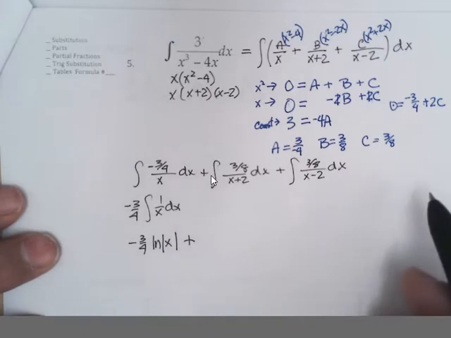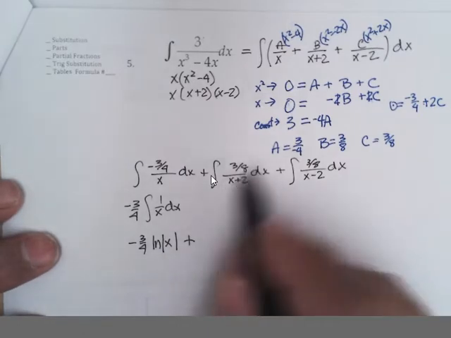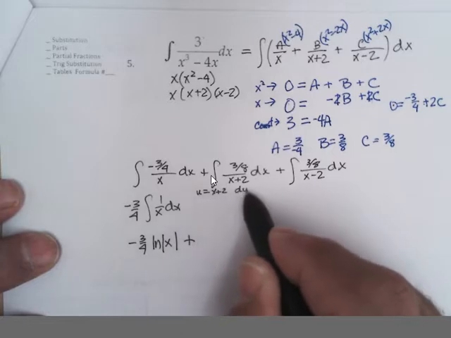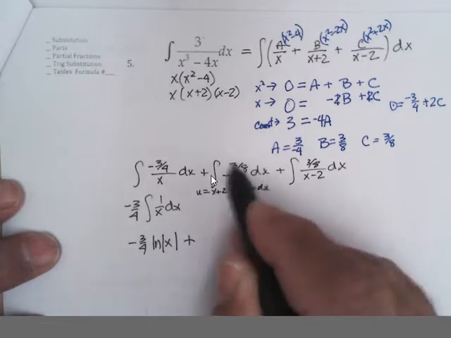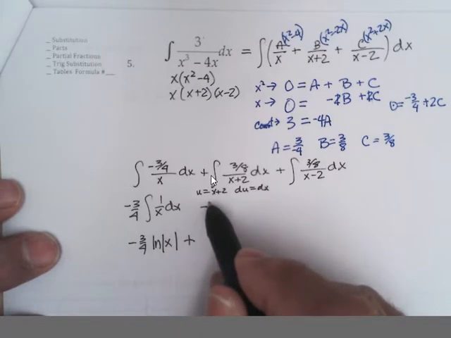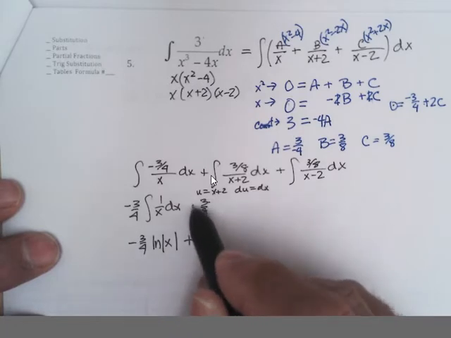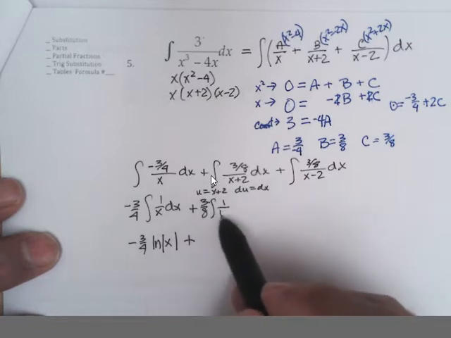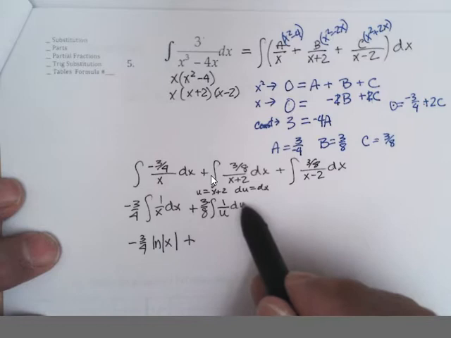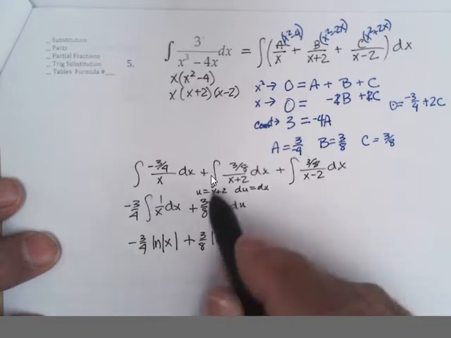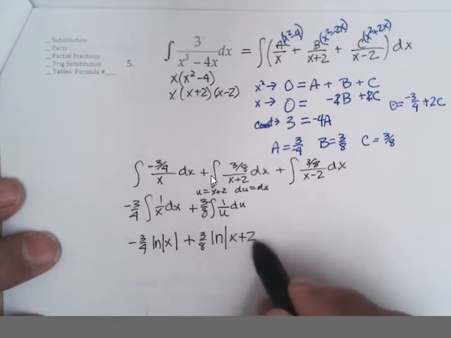Plus, if you do a u sub on this, let u equal x plus 2, du equals dx, and so this becomes, you can pull out the 3/8, and you have the integral of 1 over u du, which is 3/8 ln of u, but my u is x plus 2.